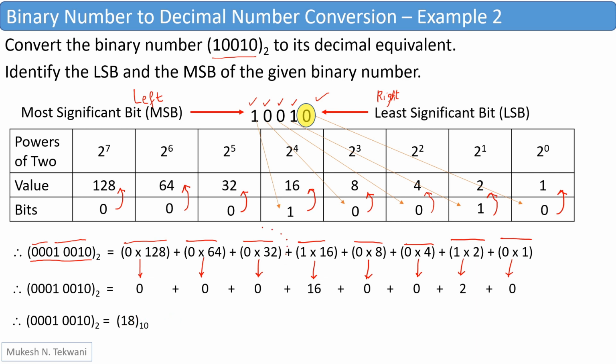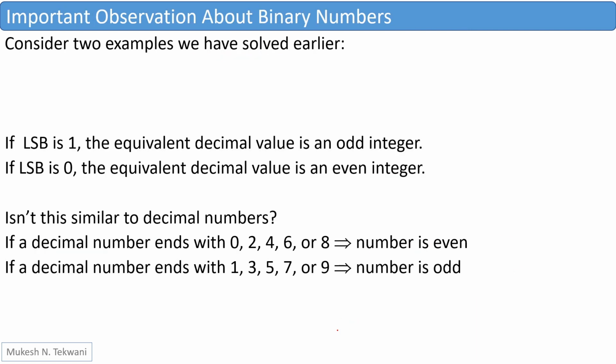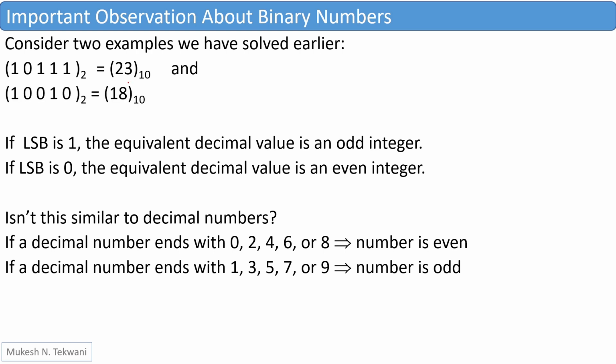So this is how we can convert a given binary number to its decimal equivalent. Now, here is an important observation about binary numbers. Let us take the examples we solved earlier. This was the first example, 10111, and we saw that its decimal equivalent is 23. The next example was 10010, and its decimal equivalent was 18.